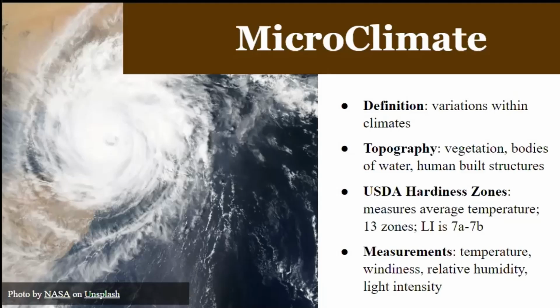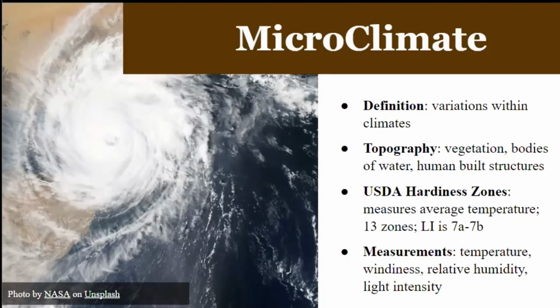Long Island in particular is 7A to 7B of those 13 zones. So if you're wondering, can I grow a lemon tree? Well, is that suitable? This is again thinking very basically about only one thing, temperature. If you were to look at the hardiness zone, it's a much lower zone. So the answer to that is really no, there's not a long enough growing season.